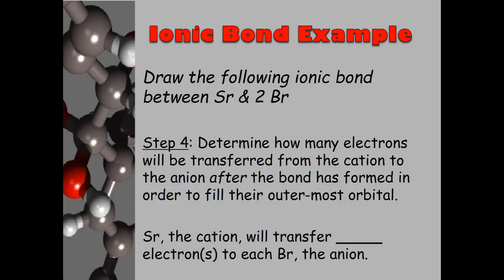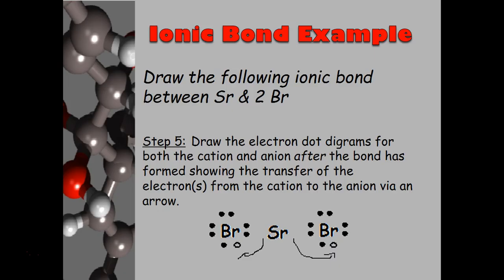It needs to get rid of 2 electrons, but it's only going to transfer 1 electron apiece to each bromine. And so ultimately it looks like this. Your strontium, realistically you could put it anywhere, just so long as you're showing where those open circles are going, and each bromine picks up 1 of them.